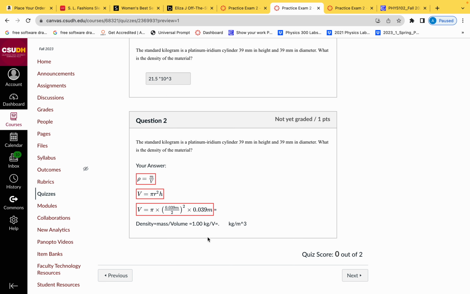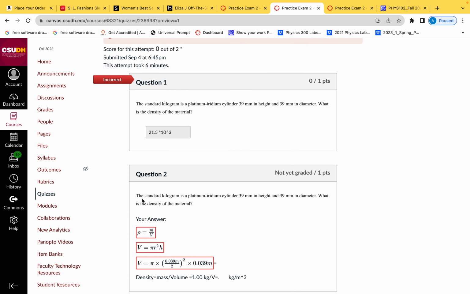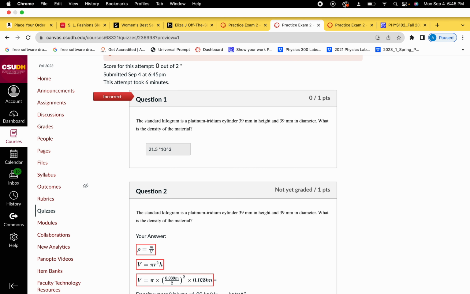I will prefer this method, using it with the lockdown browser, because I have noticed that when you show your work on the lockdown browser, your pictures are not really clear. Thank you.